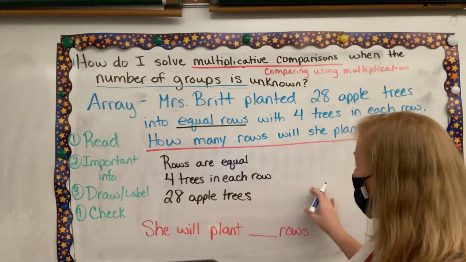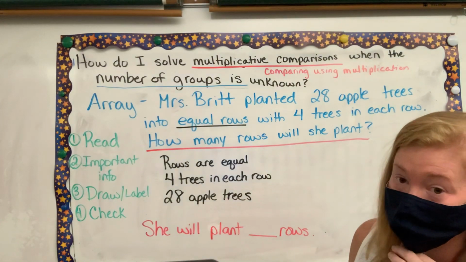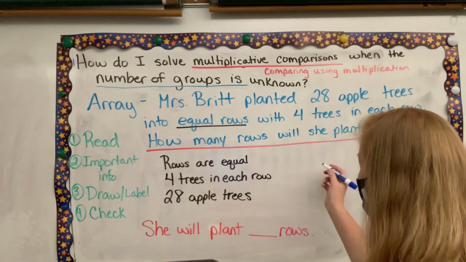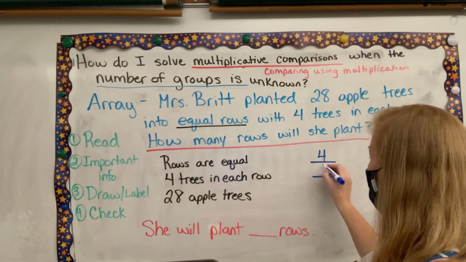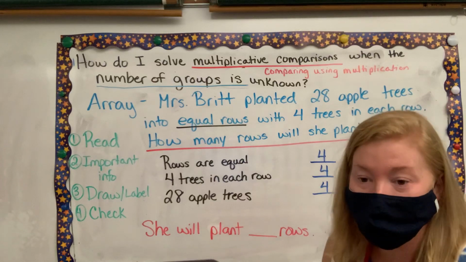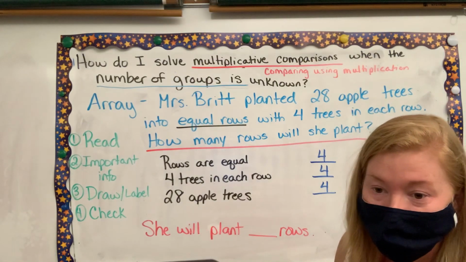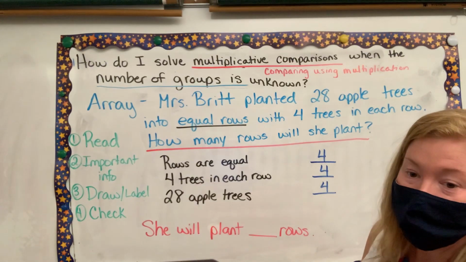So what Alden is saying is the fast way, and if your teacher's not asking you to model it, you could definitely do it this way. A row of 4, a row of 4, until I get to what number, Alden? 28. Or you can do dots if you want.